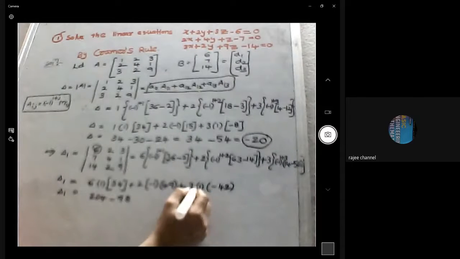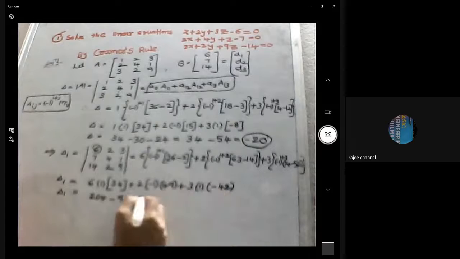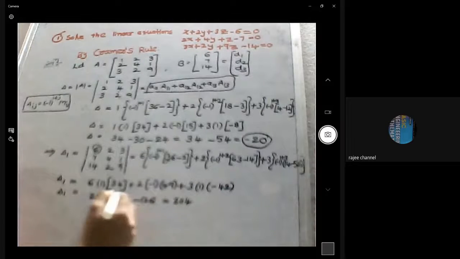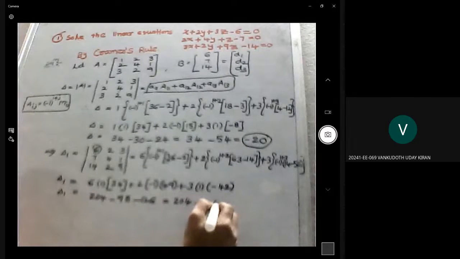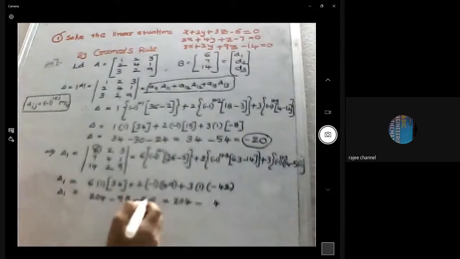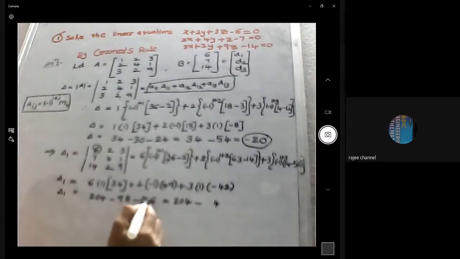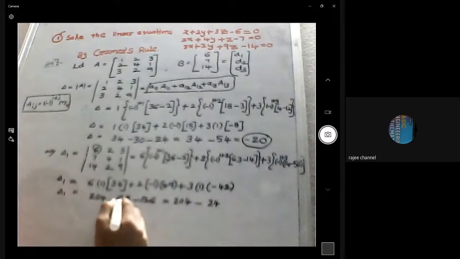Next, minus 3 into 42, which is 126. Both are negative, so the numbers are added: 98 plus 126 is 224.